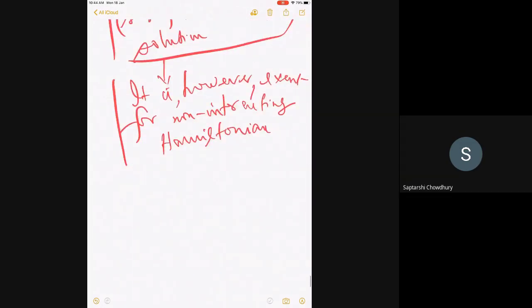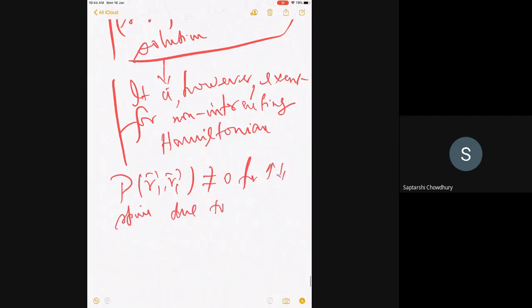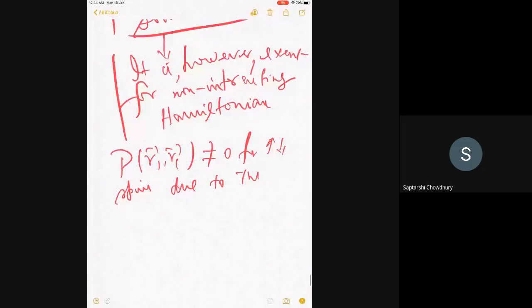So the probability of R1, R1, I again repeat, is not 0 for antiparallel spins due to the exchange terms becoming 0.